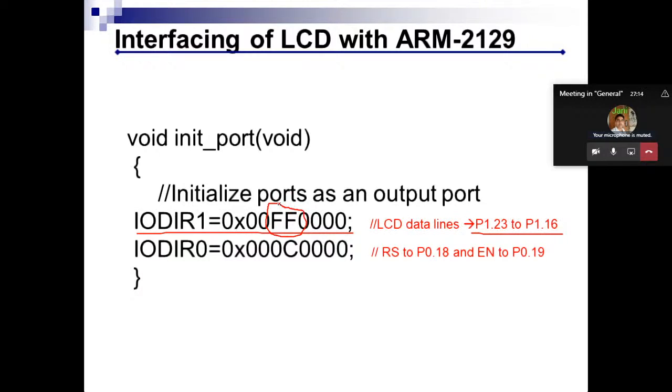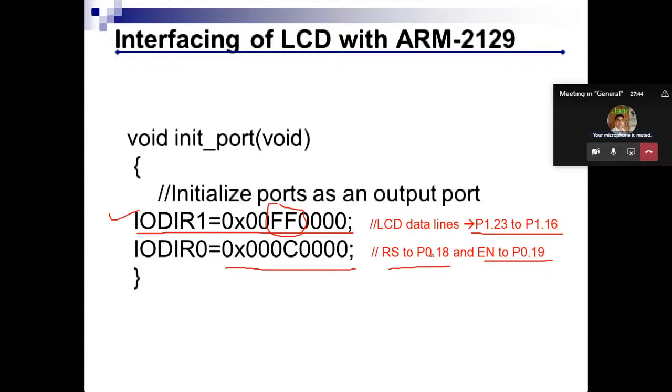Because of that, the data is like this: 0x00FF0000. With the help of this declaration, we are saying that pin numbers 1.16 to 1.23 are output pins. Similarly, we are connecting RS with P0.18 and enable with P0.19, so those 2 bits are 1. If you make the corresponding bits 1, then this will be your bit pattern: 0x000C0000.